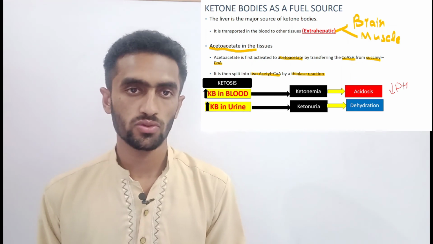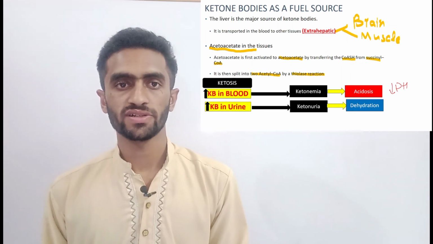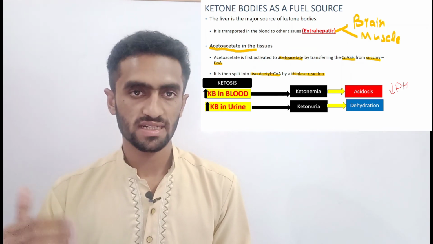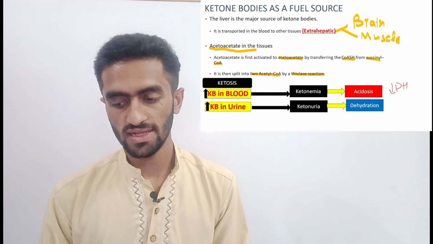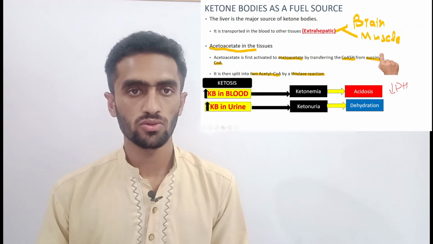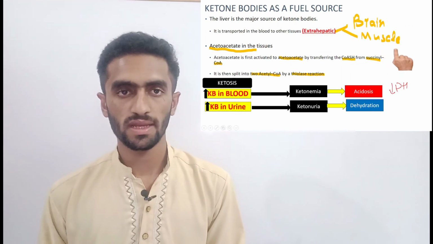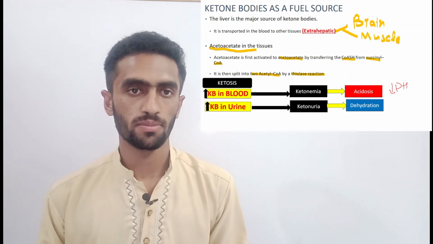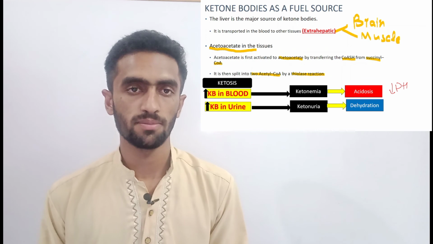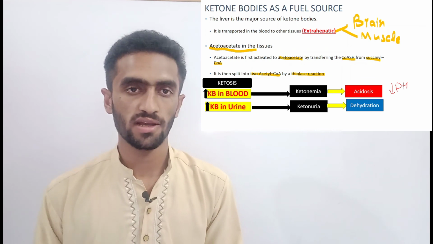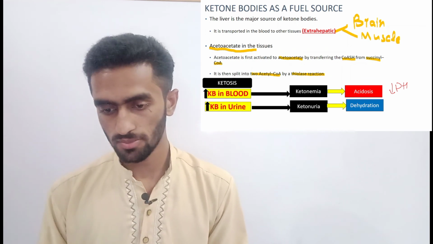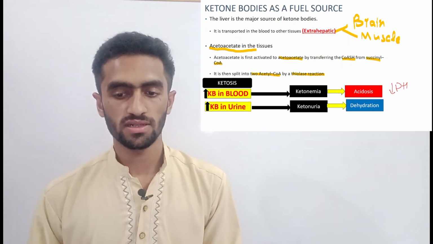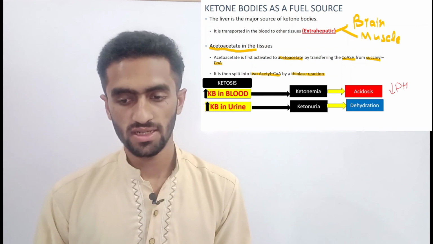It is very important to drink water in a condition of starvation to compensate for this dehydration and acidosis, which leads to low pH. It is a very important pathological condition in a diabetic person. So that concludes our revision regarding ketone bodies as a fuel source.